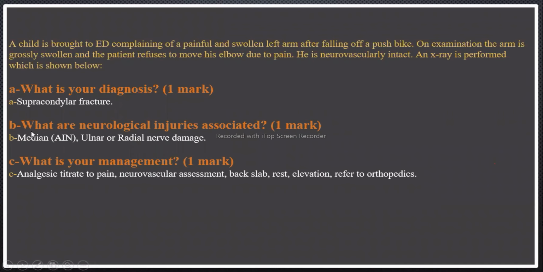If they removed median, you can choose ulnar. So the priority is median, if they give you all three. And the management of any fracture or dislocation: analgesia, neurovascular assessment before and after, back slab, also reduction if needed, rest, elevation, and refer to orthopedics if needed.